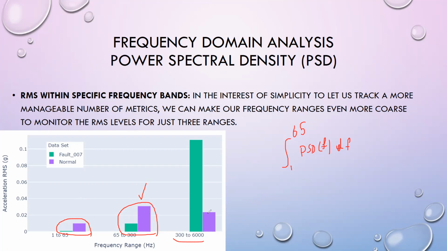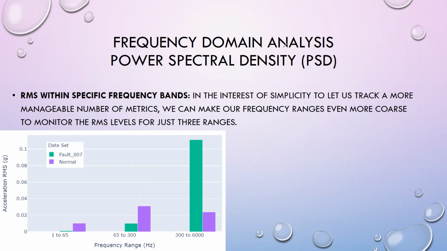But in the higher frequency ranges, from 300 to 6,000, you can see that significantly the RMS of the fault bearing is more than the normal one. So it can be another criterion to find out the fault effect, especially in a high frequency.